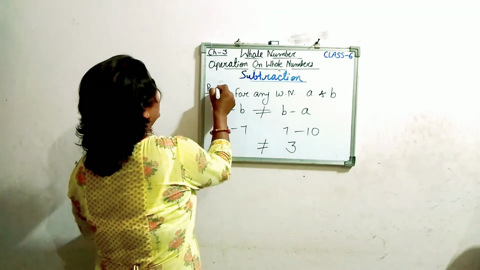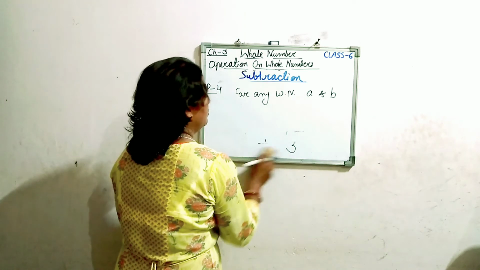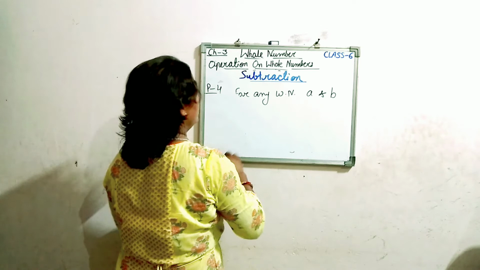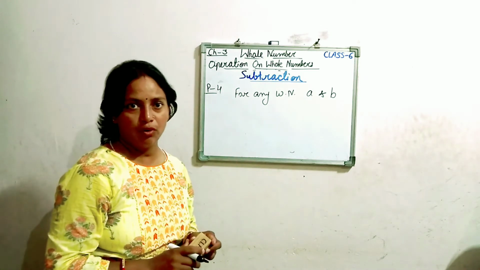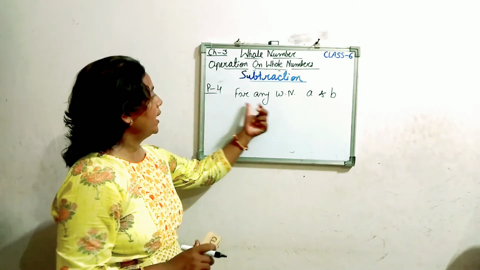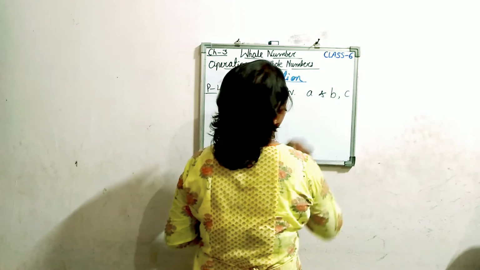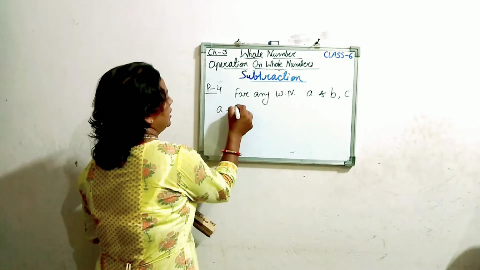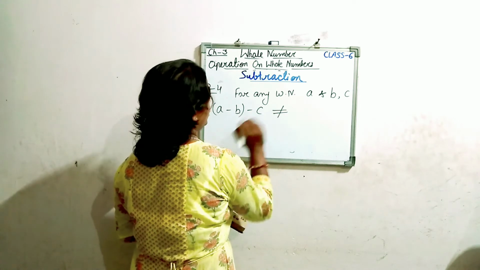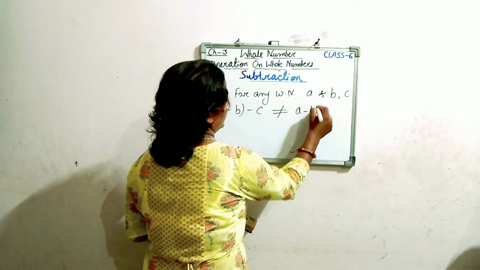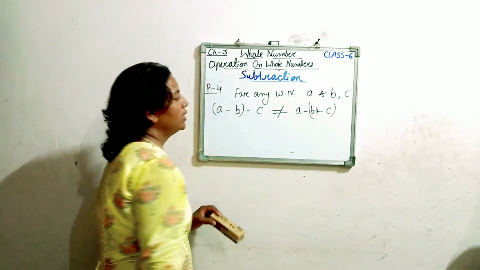Now the turn for property number 4. Property number 4 in addition was the associative law. What? Associative law, grouping property. For any whole numbers A, B and C, A minus B minus C is not equal to A minus B minus C with different grouping. These are not equal.